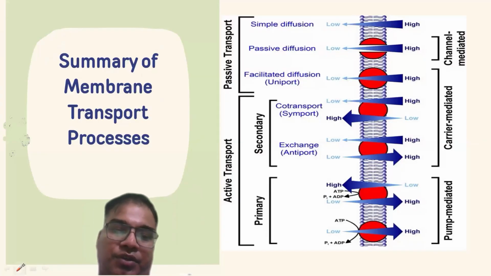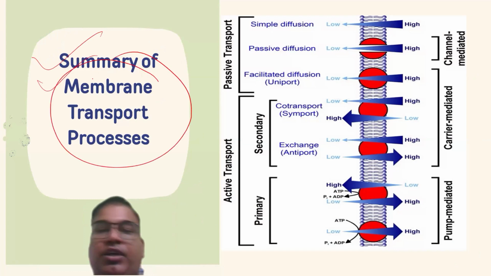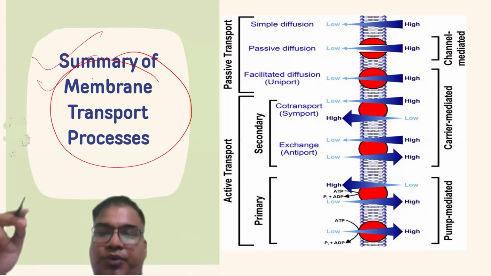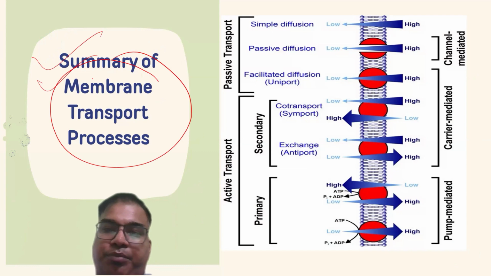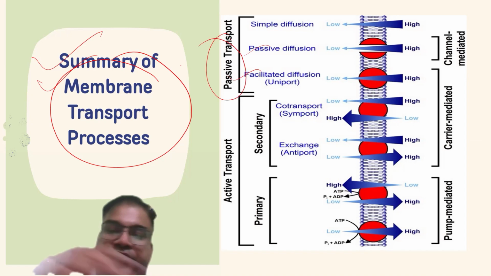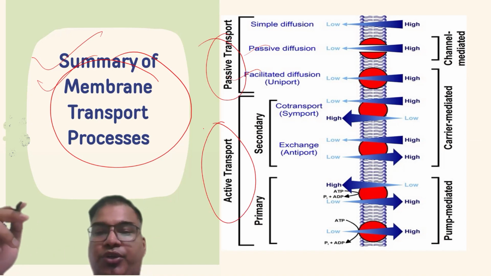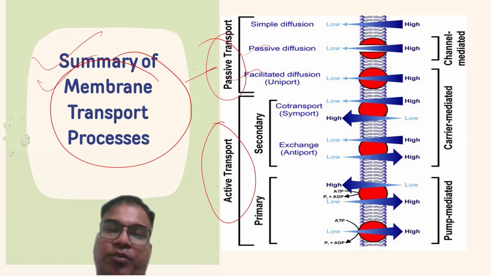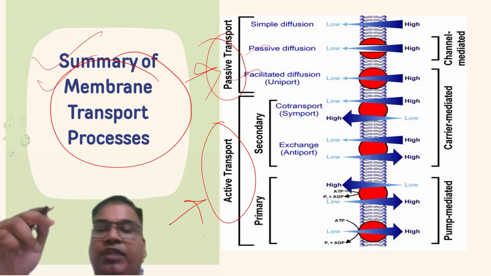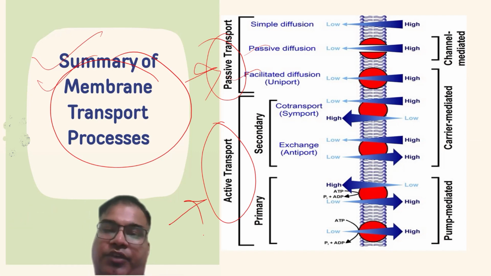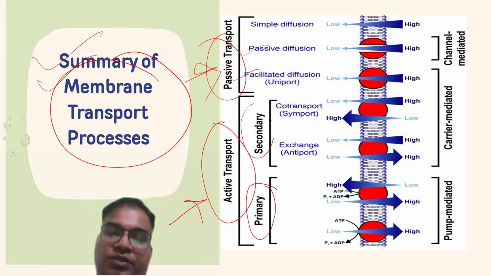So in this image, we could have a rough idea about the membrane transport processes. So we have simple diffusion, passive diffusion, and facilitated diffusion. Broadly, we can divide the transport into active and passive. In passive, there will be no requirement of energy. In active transport, definitely there will be a requirement of energy. The active transport could be divided into primary or secondary.